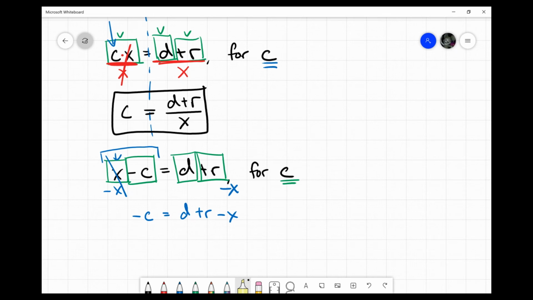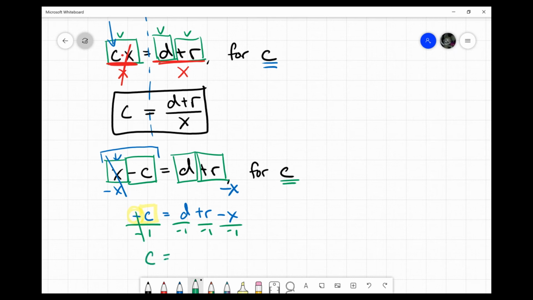I am not yet done because c needs to be alone, but I still have a negative. So I can either multiply or divide by a -1, and that's going to change the sign of all of these terms. So dividing every term by a -1, negative divided by a negative is a positive, which will get us c.